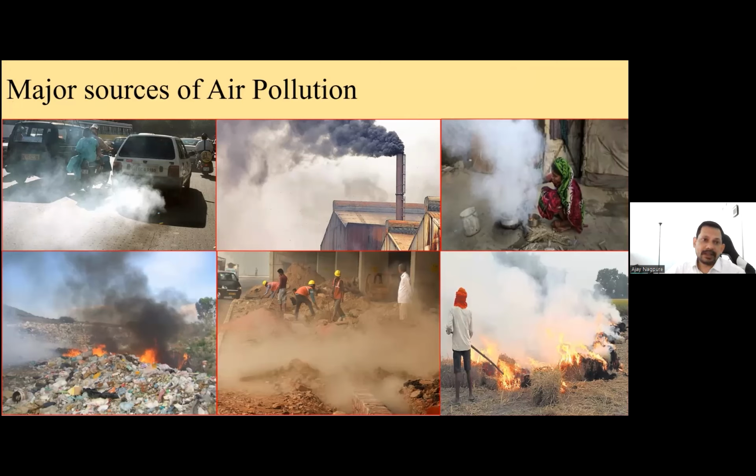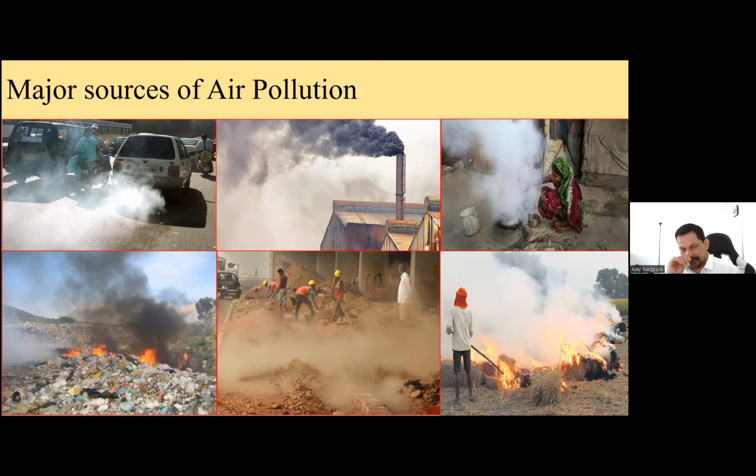After identifying these sectors, you need to understand the level of uncertainty in the different sectors. Most of the time you'll find that the emission inventory is better for the transportation sector than for other sectors.